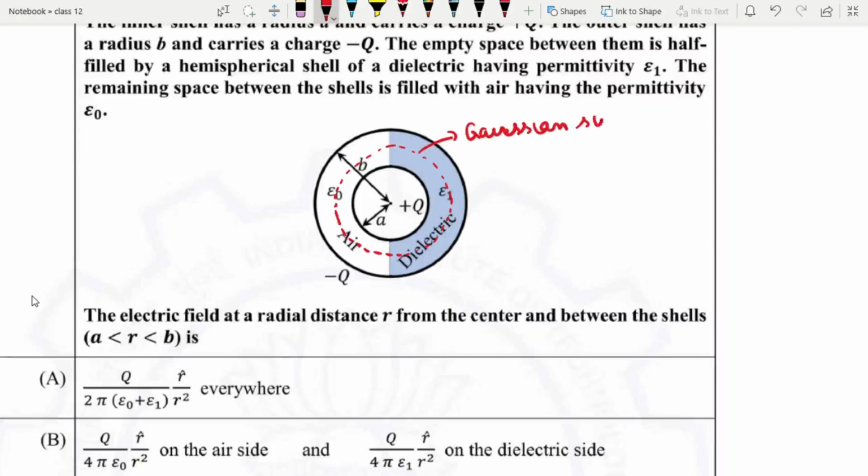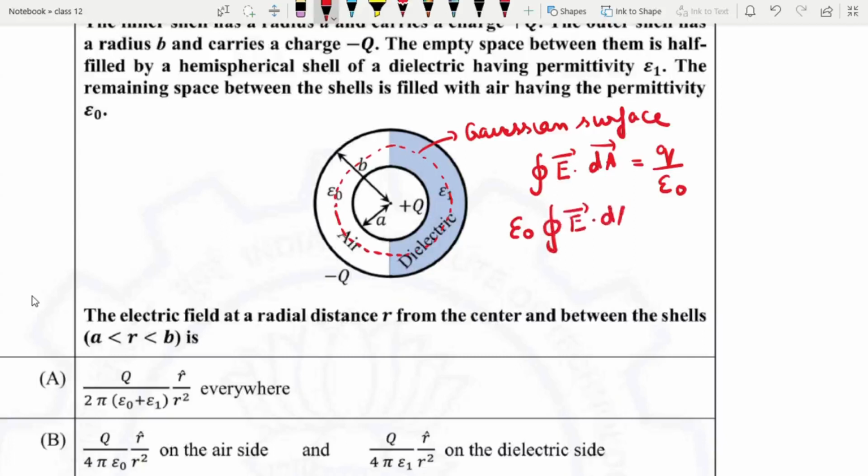According to Gauss law, closed integral of electric field dot dA is equal to Q divided by epsilon naught. If you bring epsilon naught this side, epsilon naught closed integral of E vector dot dA is equal to Q. Right? We have to find the left hand side and also the right hand side.